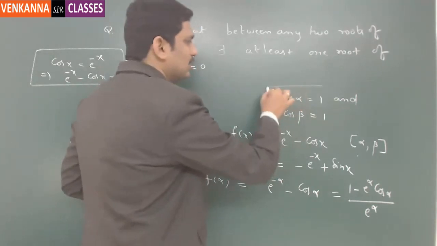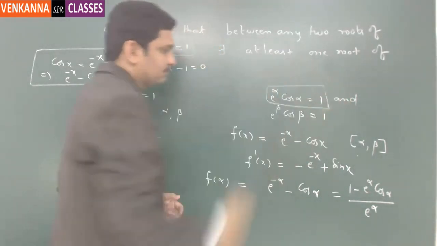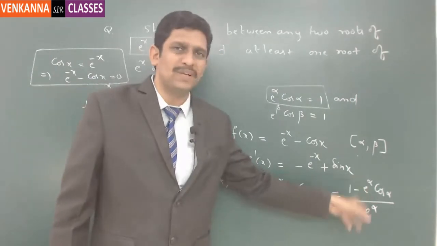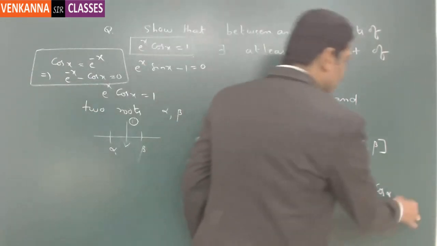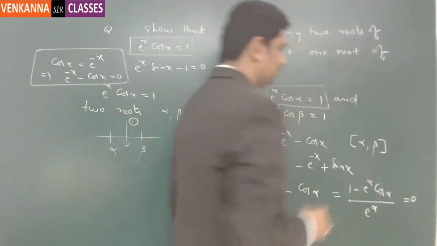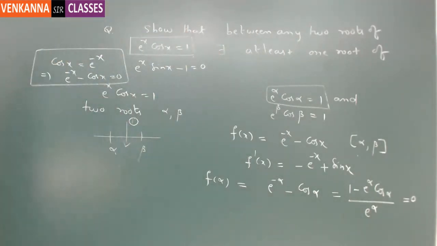Since this value is equal to 1, in the numerator you have 0 by something, so the value is equal to 0. Agreed? In the same manner, if you calculate f of beta, its value is also equal to 0.